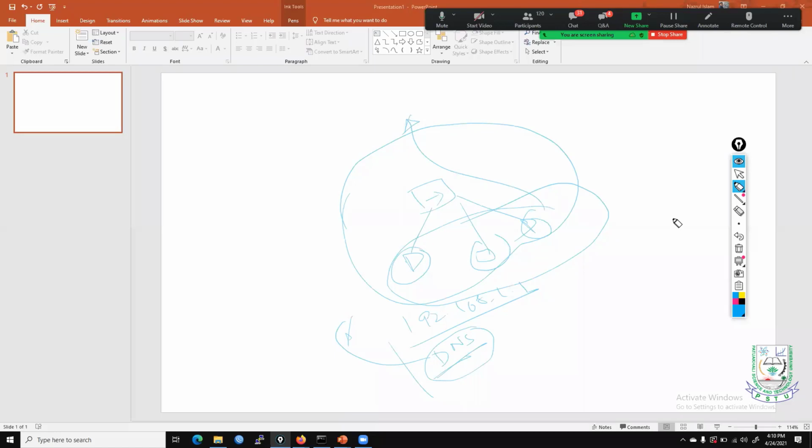So we can actually limit the target people who are accepting the DNS requests. In this way, we can mitigate DNS attacks on our networks. So this is actually the DNS.